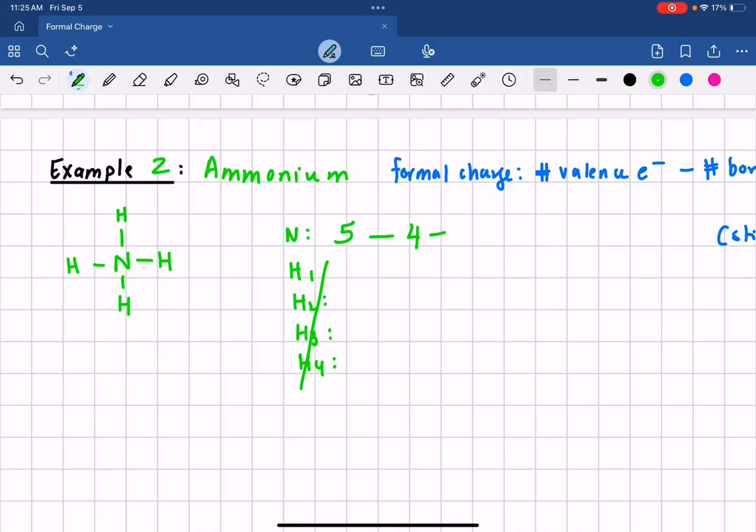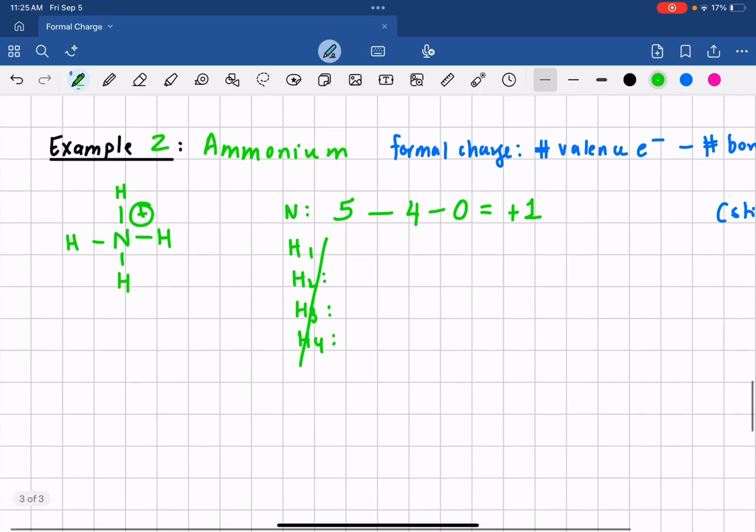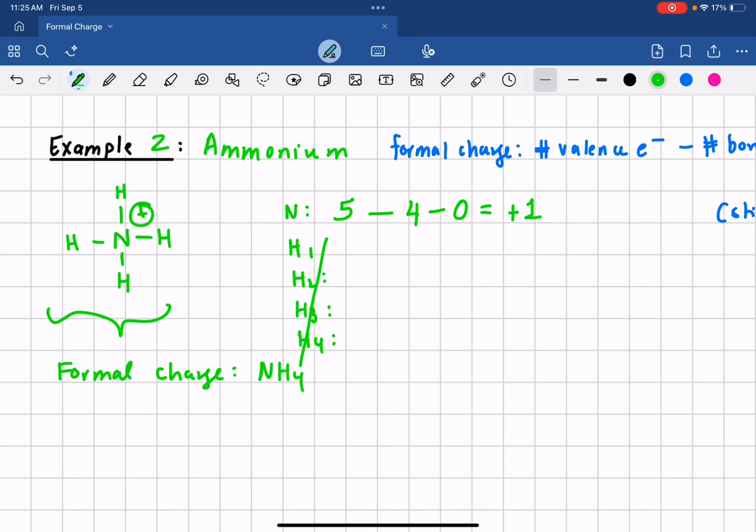It means it has 0 dots. Gives me a total of +1. Nitrogen has a +1 on it, giving me the overall formal charge of ammonium, which is NH4+. There we go.